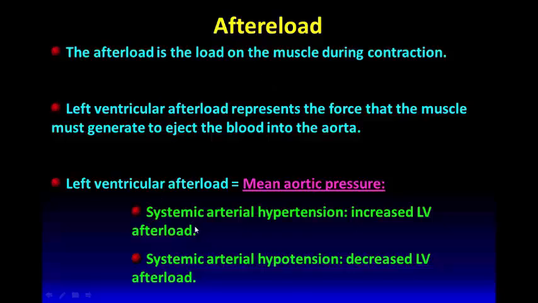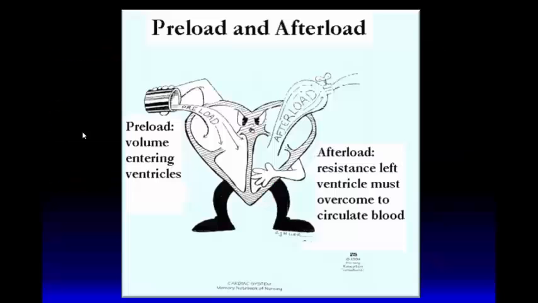Systemic arterial hypertension increases the aortic pressure and hence increases left ventricular afterload. On the other hand, systemic arterial hypotension decreases left ventricular afterload. Let's define the third factor which affects the stroke volume. So this is a figure, before we describe the third factor, this is a figure which summarizes what's meant by preload and afterload.